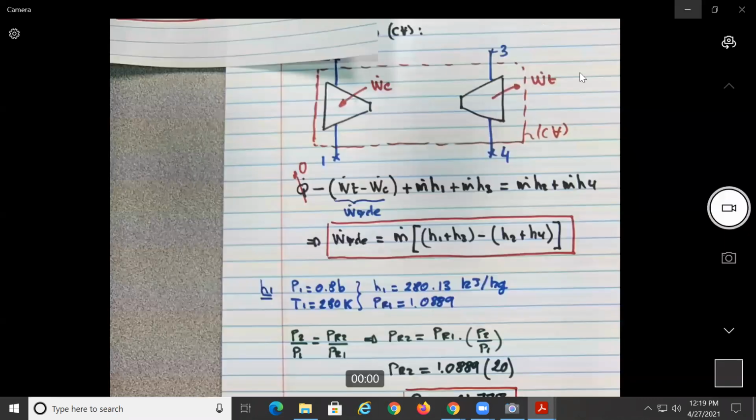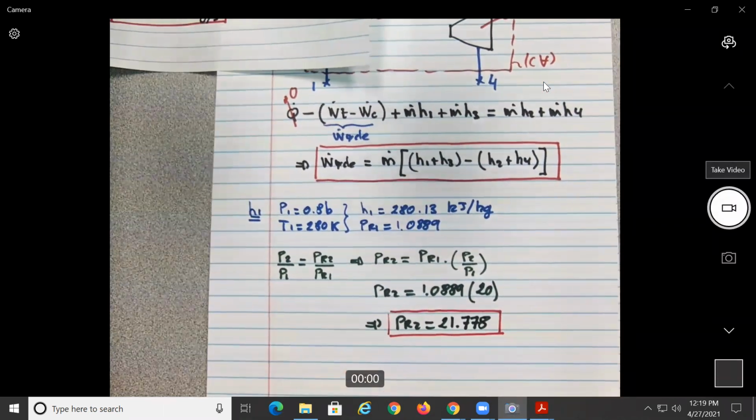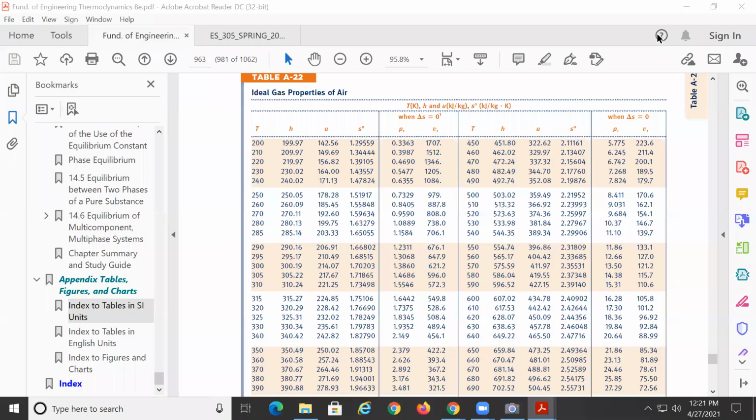Okay, so let me go back over here. Resume. So like I was saying, we're not going to waste a lot of time interpolating, okay? But basically we need to get the 21.778.